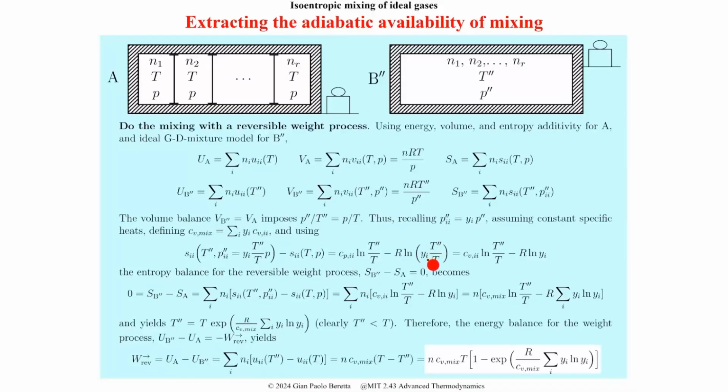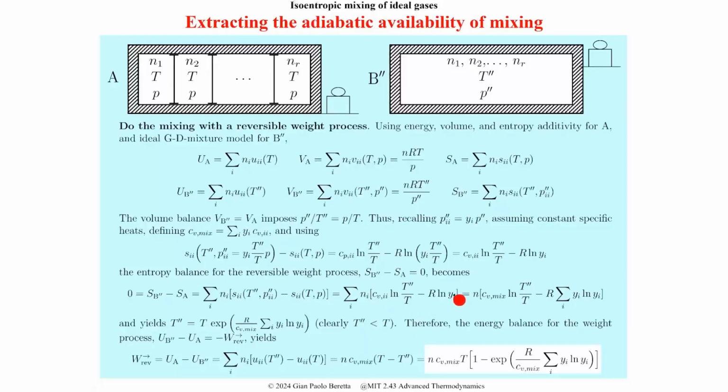Then I can split this logarithm of the product into the sum of the logarithms. So I take the minus R log y here, and then I combine the log of T double prime that appears from this part and with that part. It gets multiplied by Cv minus R, but by the Meyer relation, that's Cv. Okay? So we finally have this expression.